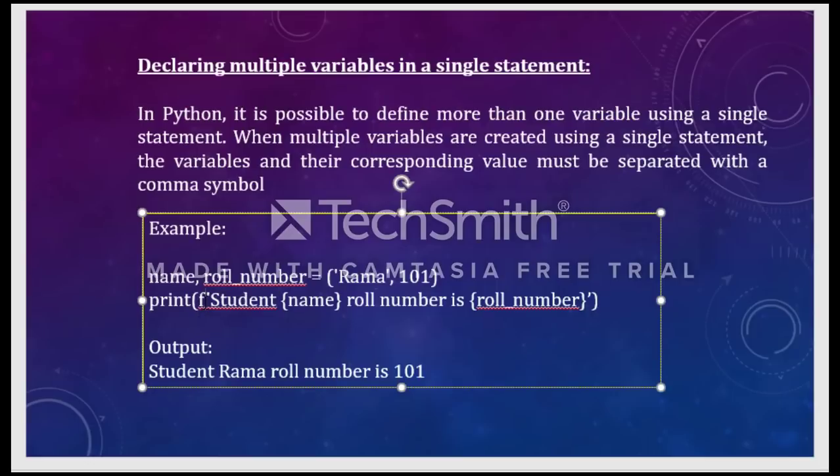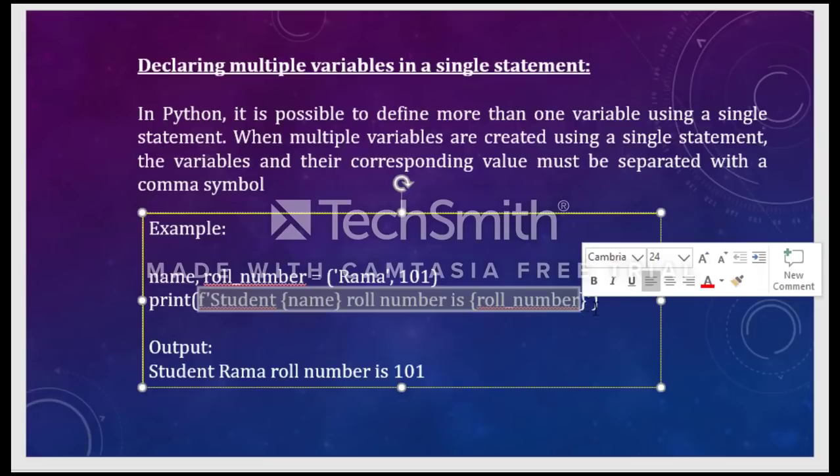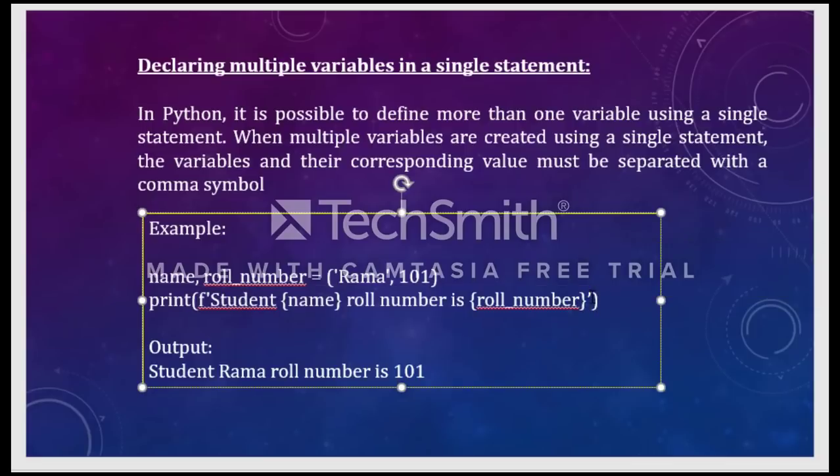So we can provide the f here, where f stands for format, when I want to print the output in some specific format. Then again, single quotations, write a statement, and it will end with a single quotation. So that is another way of declaring the variables.